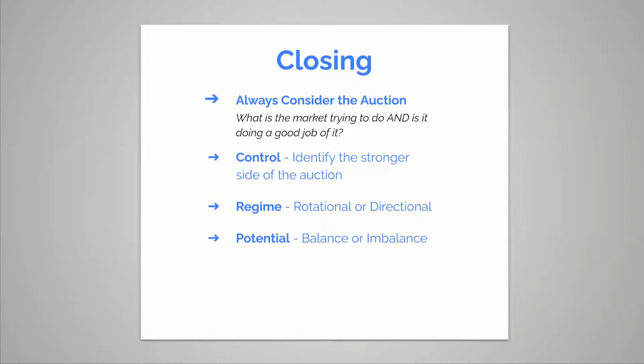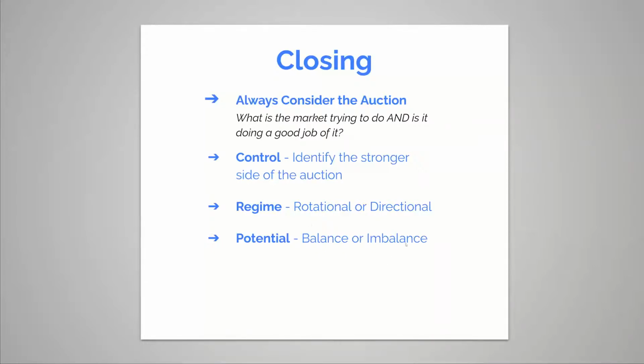And when I see single prints, I see one time framing. That's a good example of a market trying to go directional, and it's doing a good job of it. So that tells me that's the side I need to be playing for. Again, not that it can't switch and turn the other way, but in the meantime, I have to be objective and let the market tell me what it's trying to do, and then participate in that.